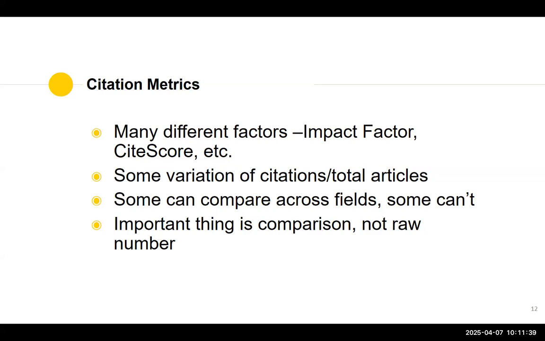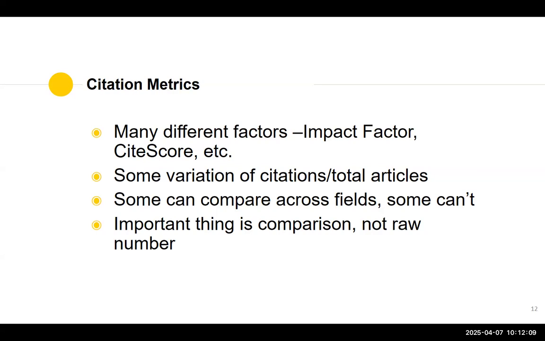The point is that there are actually many different types of citation metrics, and all of them have slightly different calculations. Some of them can be compared across fields. Others try to normalize the numbers.